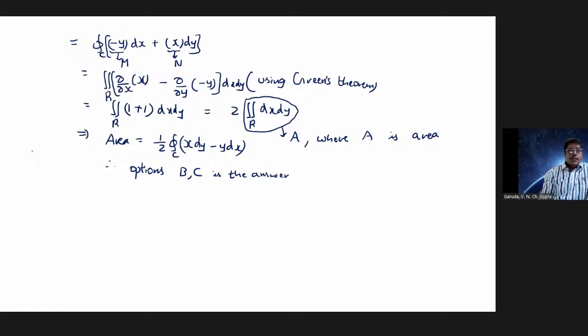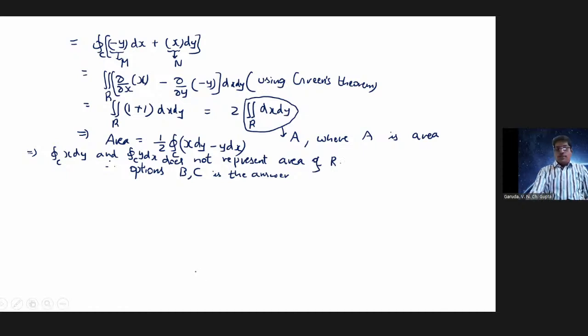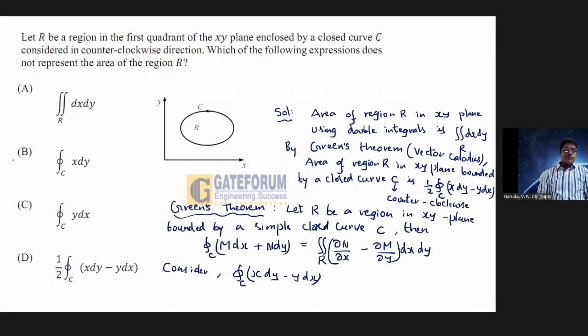That means here I can write integral over C of x dy and y dx. Integral over C, that circle symbol on the integral means it is integration along a closed curve contour. Y dx does not represent the area of region R. Okay. So the answer is B, C.